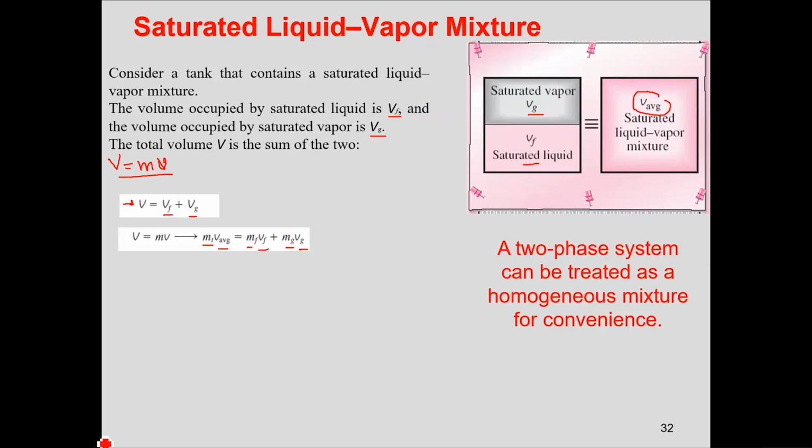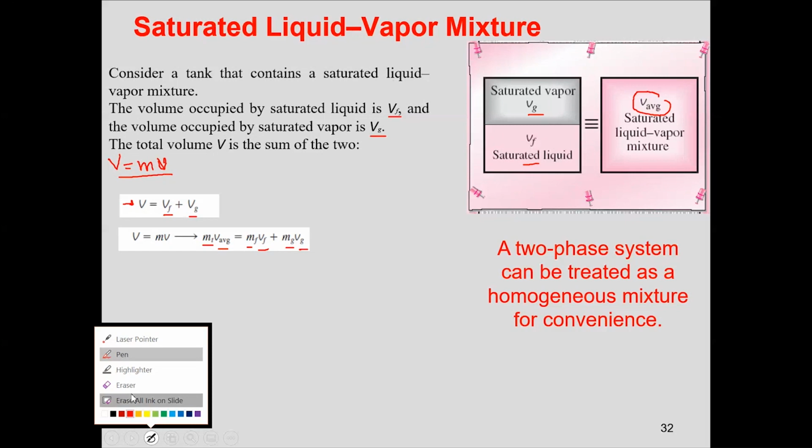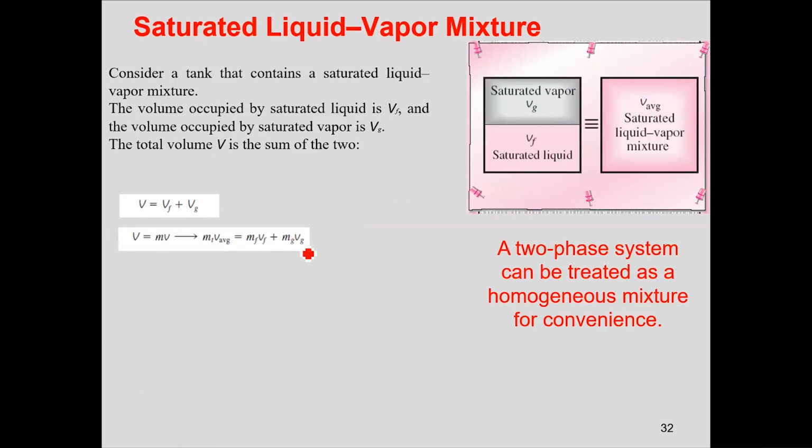Now, if I divide both sides with total mass, I would have essentially V average. But before that, I know that mass of saturated liquid, mf, is essentially equal to mt minus mg, total mass minus the mass of vapor.